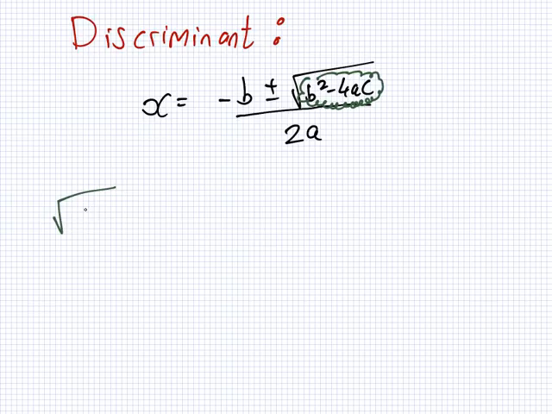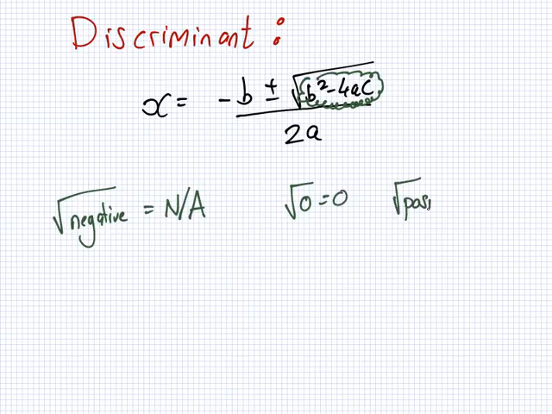You probably know this already, but you cannot calculate the square root of a negative number. Well, you can, but we can't at the moment. You know that the square root of 0 is 0, and the square root of a positive number is plus or minus. It has two answers.